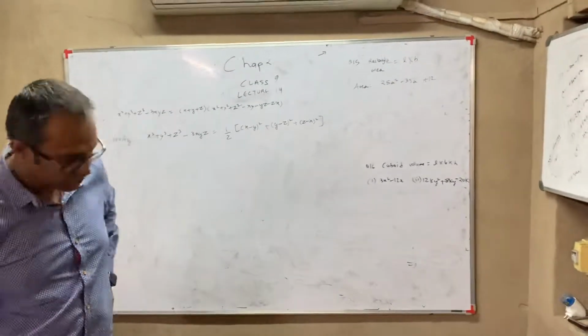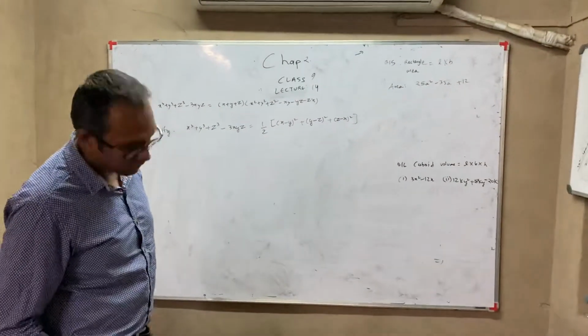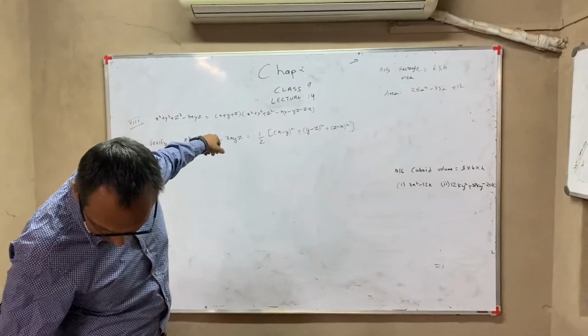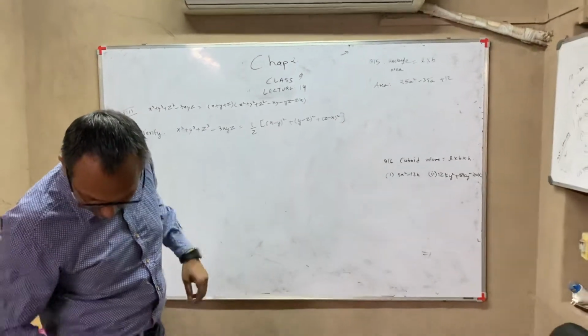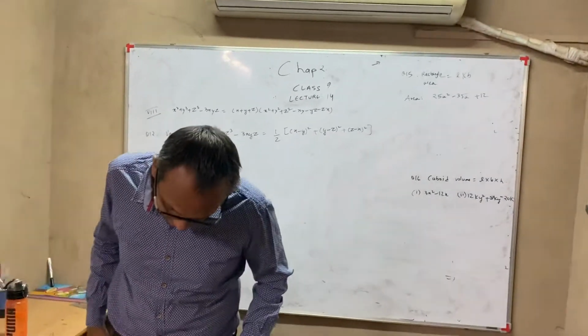Verify that x cube plus y cube plus z cube minus 3xyz is equal to half bracket x plus y plus z, and the second bracket x minus y whole square plus y minus z whole square plus z minus x whole square.